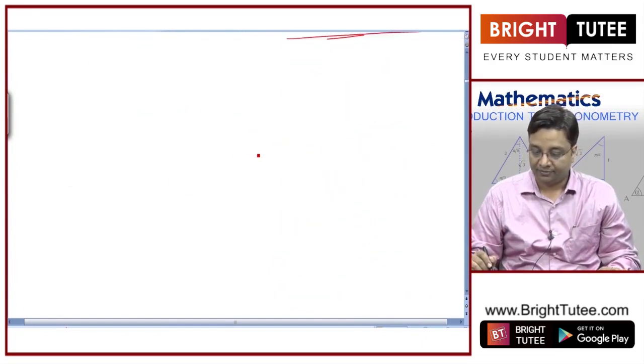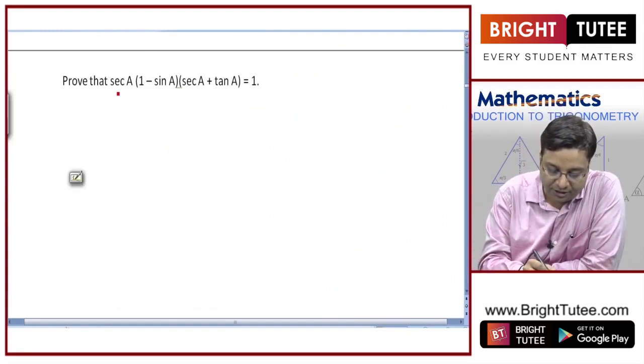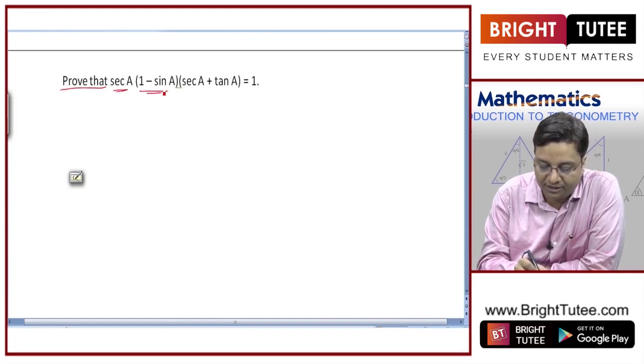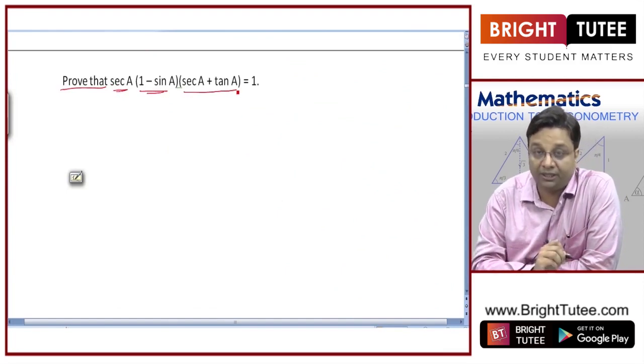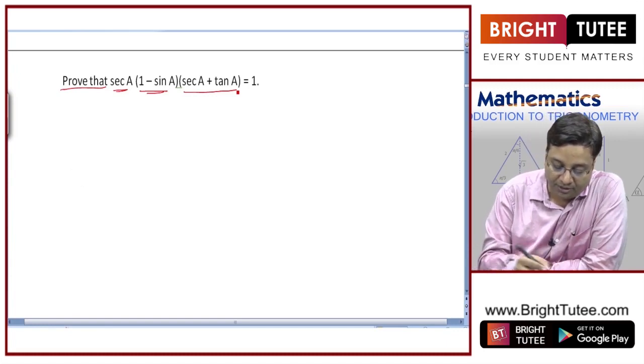Right? Let's look at this question now. This question says prove that secant A into 1 minus sin A into secant A plus tan A is equal to 1. Okay.